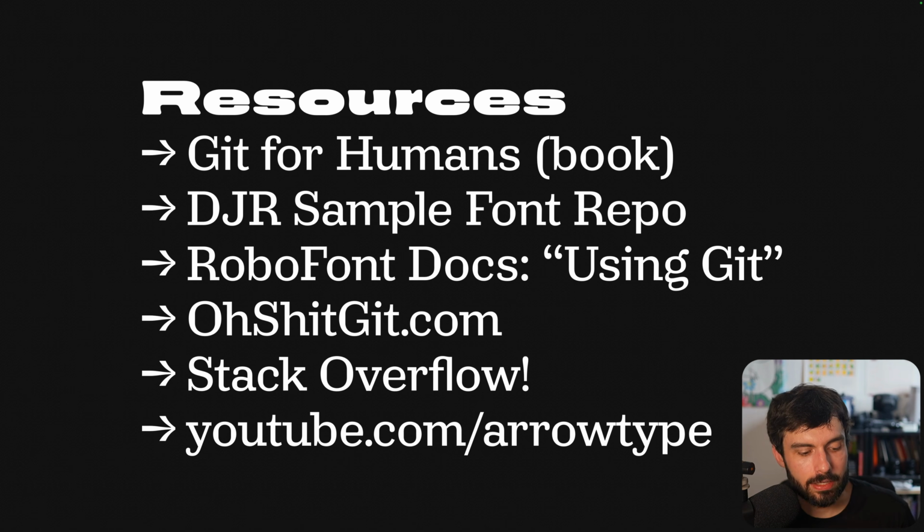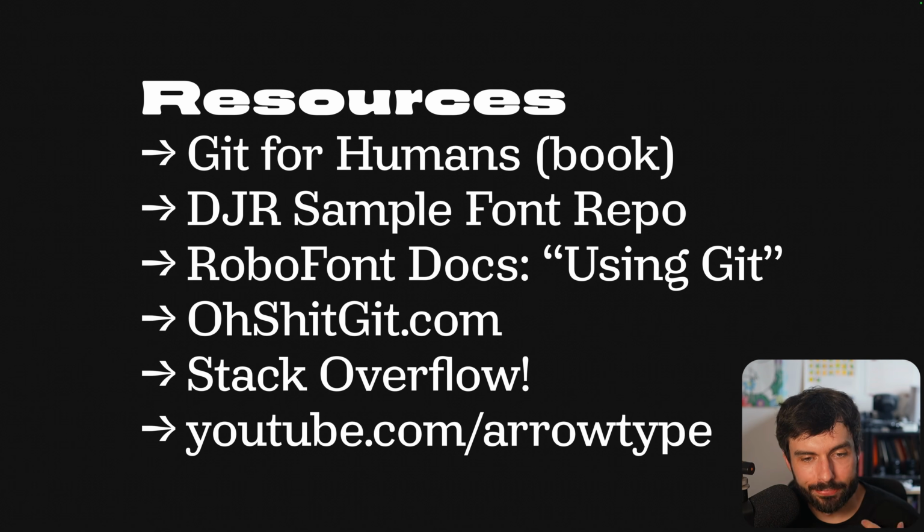Oh Shit Git is a really handy website with a couple of really helpful little pointers on how you can go back in time and different ways you can work with Git, describing the moments when it's not going perfectly well. Any presentation tends to focus on how things are when they're going perfectly well, and that's not always the case.